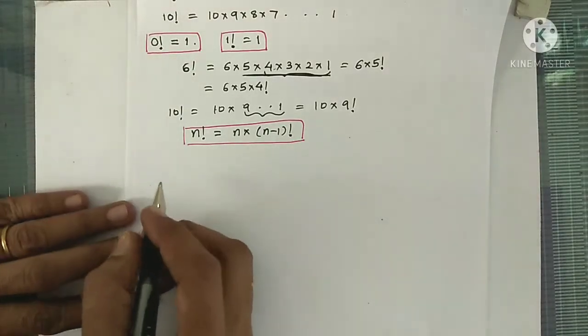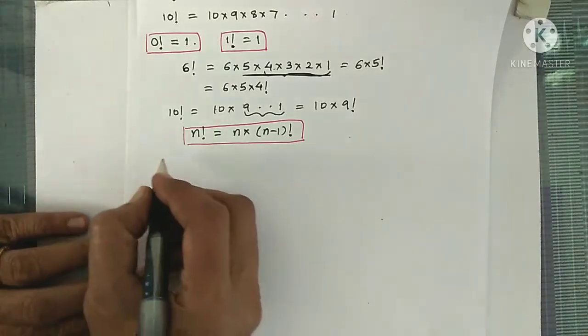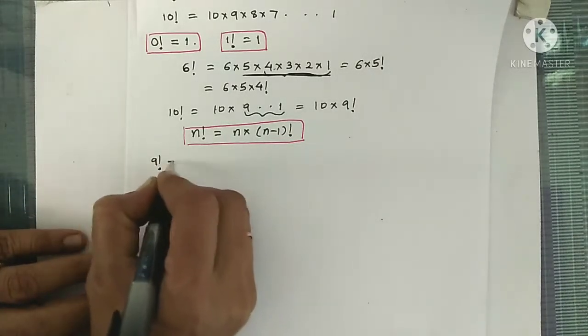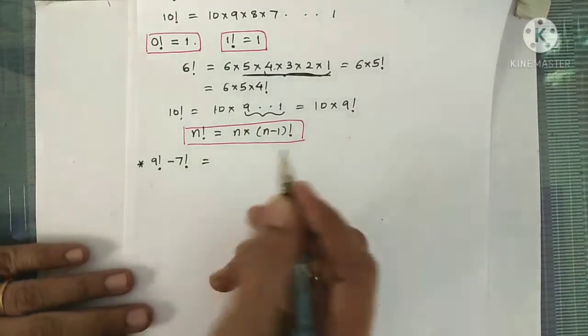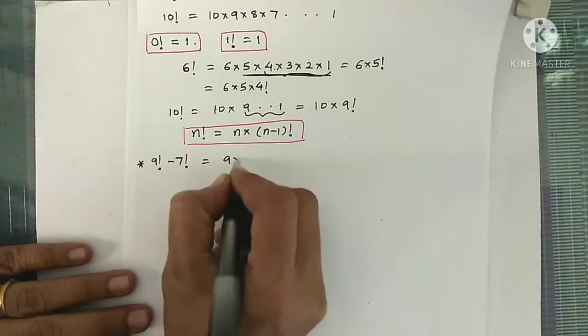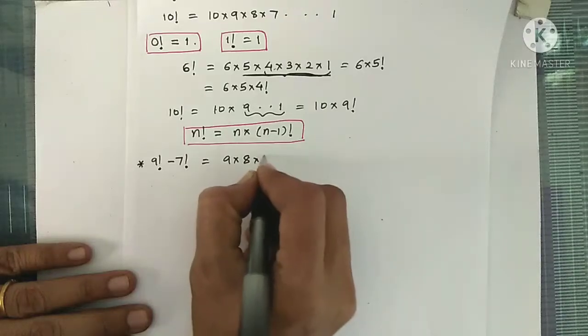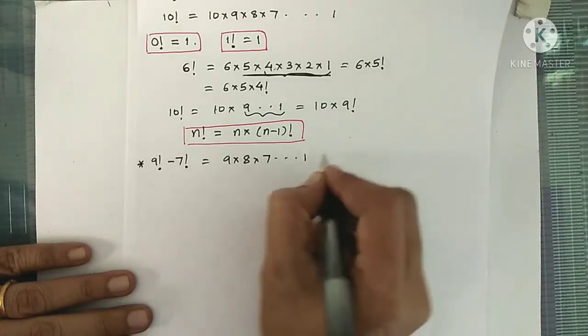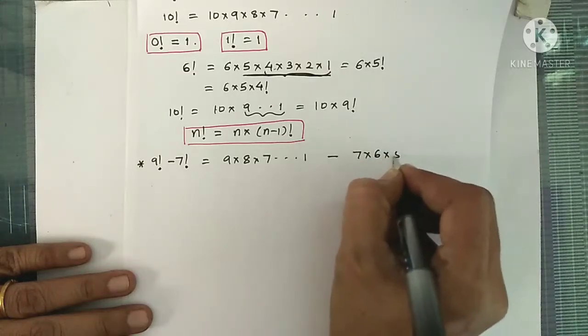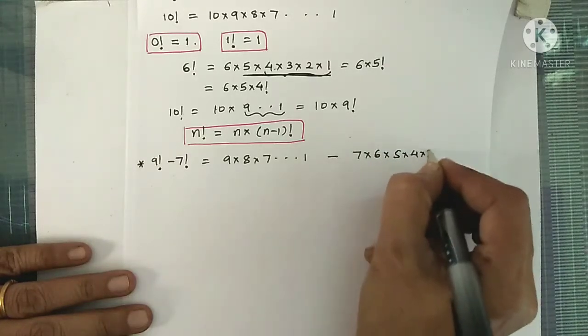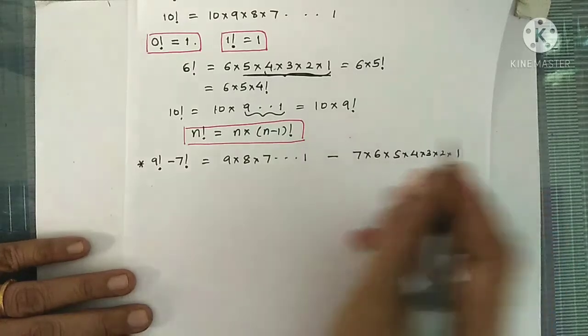The first one is evaluate 9 factorial minus 7 factorial. So 9 factorial means what? We have to write 9, 8, 7, 6 up to 1. Minus 7 factorial is 7, 6, 5, 4, 3, 2, 1, like this.